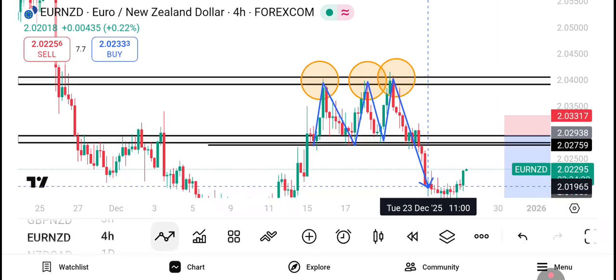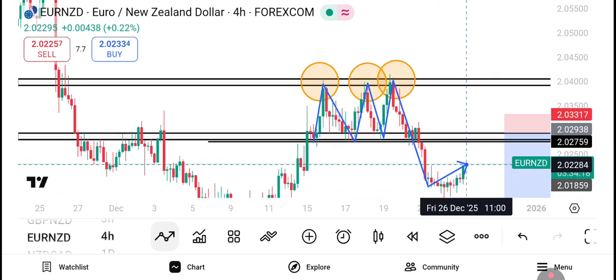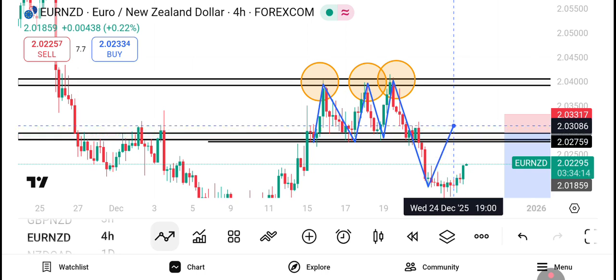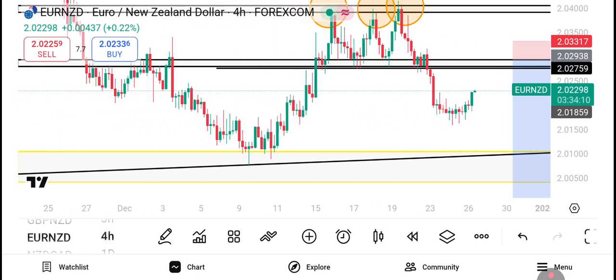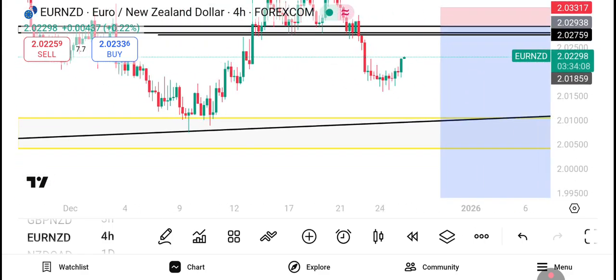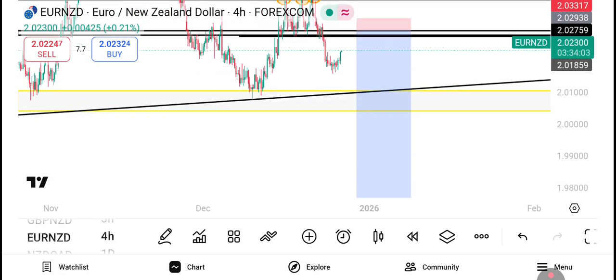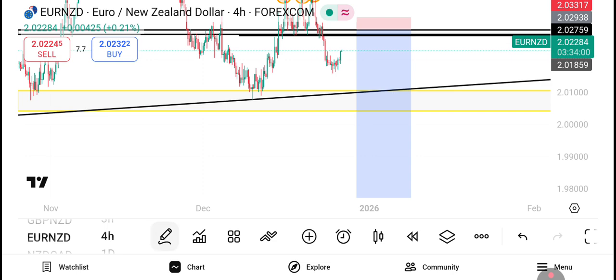So we can't trade blindly. So we're waiting for this trade to retest back here. Then we take a sell to this level. This level here is going to be our TP1.